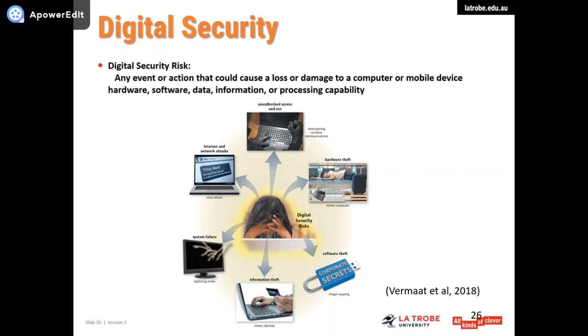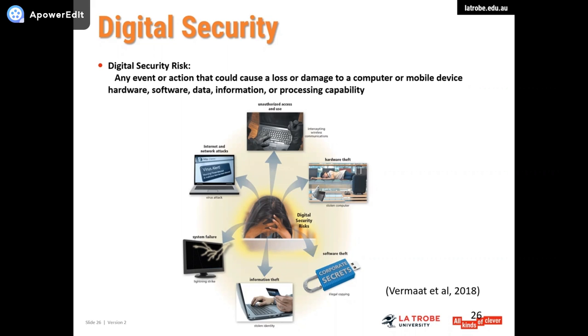Actually, we may face this kind of security risk every day. For example, we may have unauthorized access to our system, and we may have internet or network attacks, which can bring our network down. Also, we may have system failure caused by a lightning strike, or our computer may be compromised by hackers, so they can steal our personal data, like our credit card information and ID information.